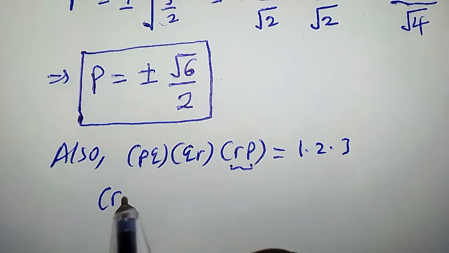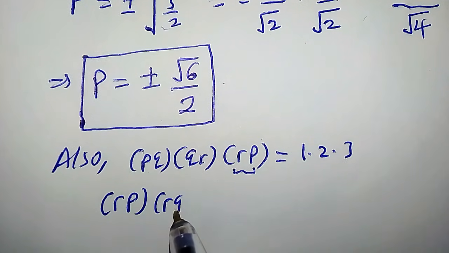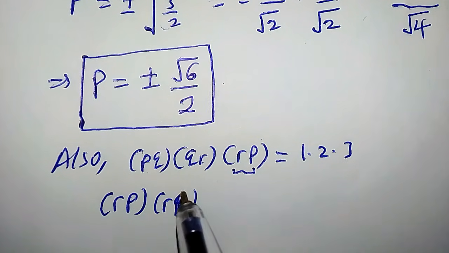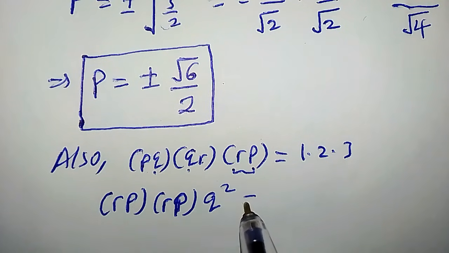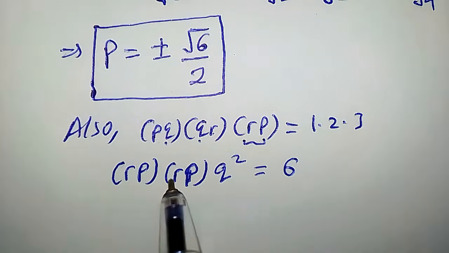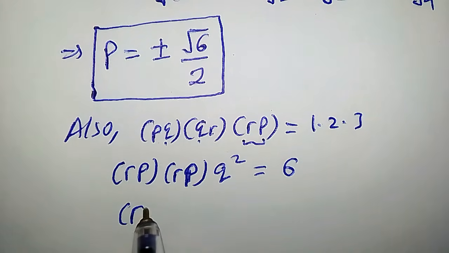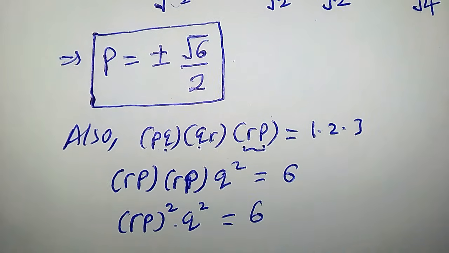So we have RP, R times P, that is RP. We are left with Q times Q, that is Q squared, equal to 1 times 2 times 3, that is 6. RP times RP, that is RP all squared, times Q squared, equal to 6.